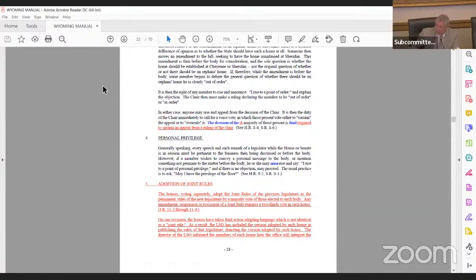And so since you've never adopted that, you shouldn't require a 2/3 vote to change those previous rules. And that issue did come up, I think, 2 or 3 years ago, and we worked on it, and that was a position the LSO took. And so now we're putting it in the manual again, so that people are guided and say, well, we don't need a 2/3 vote. We never voted on that. We can change those rules, joint rules, with just a simple majority vote.